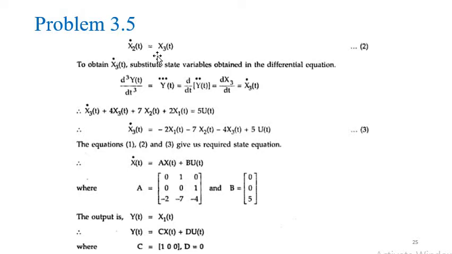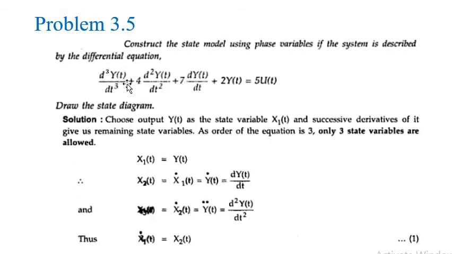Now in order to obtain the first order differential equation of the third state variable, you need to substitute all the values in the given differential equation. That is, the parameters of the given equation will be substituted by the three different state variables. The first term is d cube y of t by dt cube.